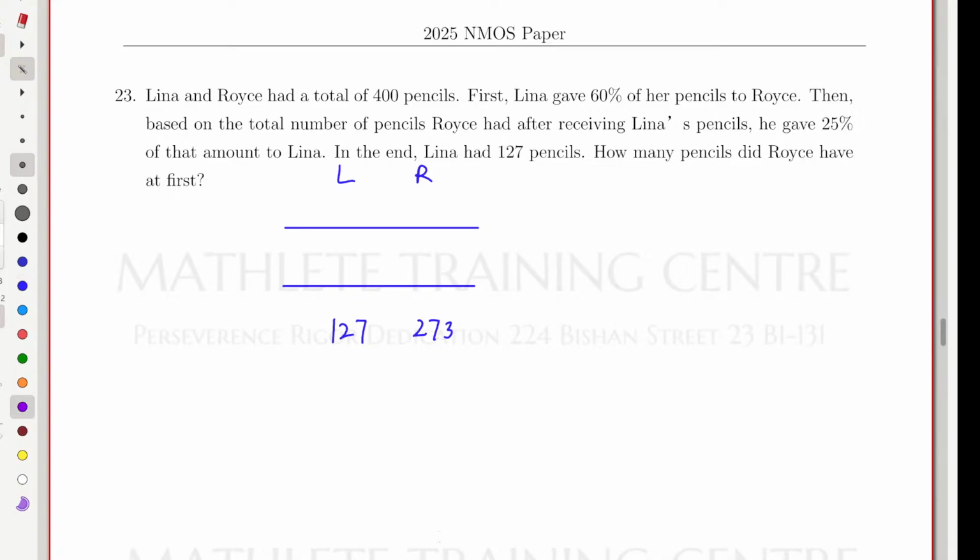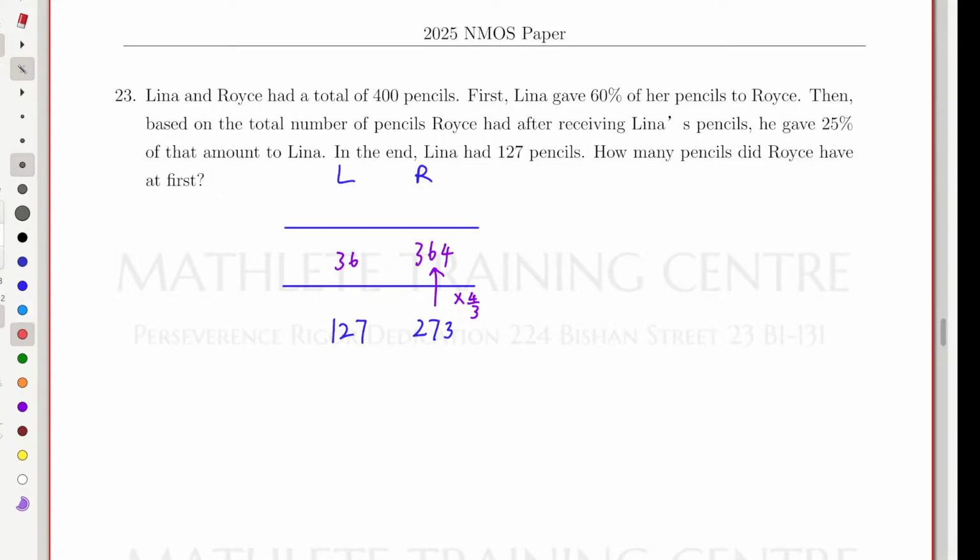What must this number have been? Because he gave 25% to Lina, he keeps 3 over 4. So to do the opposite, times 4 over 3, I can get back to Royce's number. If I divide by 3, I get 91. 91 times 4 is 364. Okay, so before the last step is going to be 364.